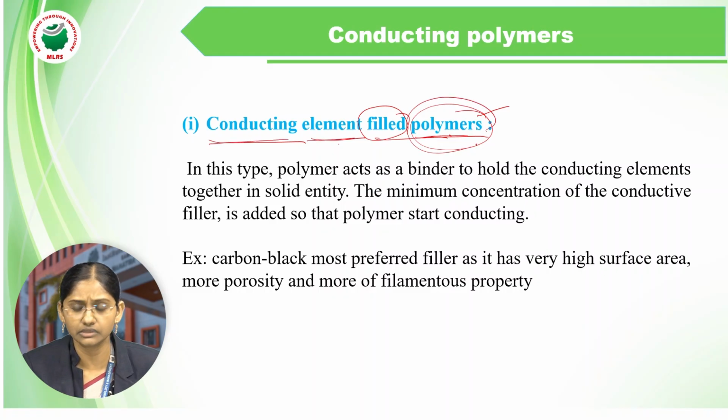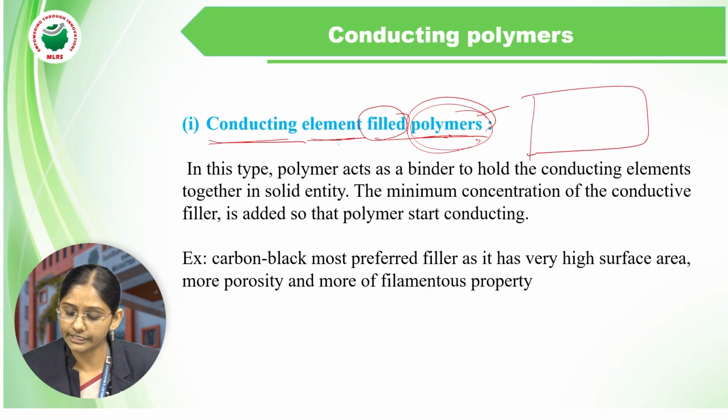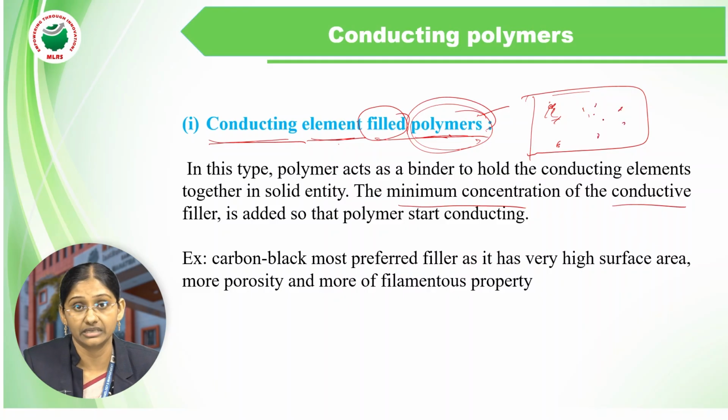Our polymer does not conduct electricity. Okay, so now this polymer we have taken, it is not conducting electricity. But in this polymer, what we are doing here? A minimum concentration of the conductive filler, like any metallic fibers, is added.